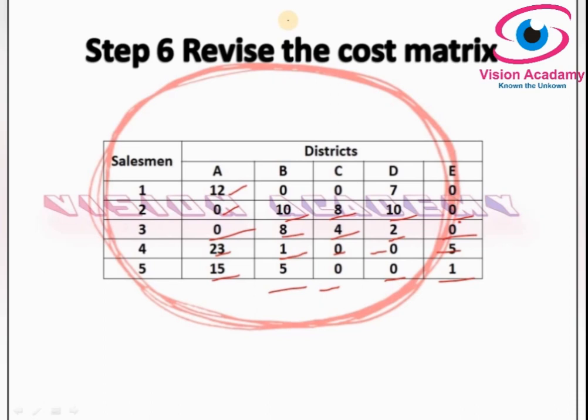Step number 7 says repeat the procedure until you get the optimal solution. So to get the optimal solution after making the revised cost matrix, we are starting from step number 4. Okay, step number 4 says, starting from row, you have to identify the single zeros.